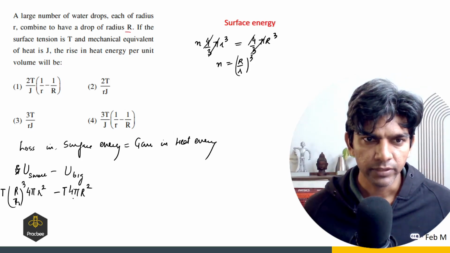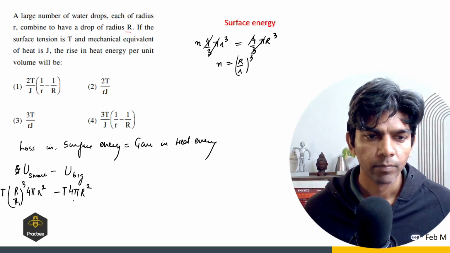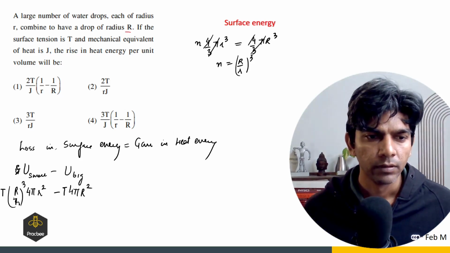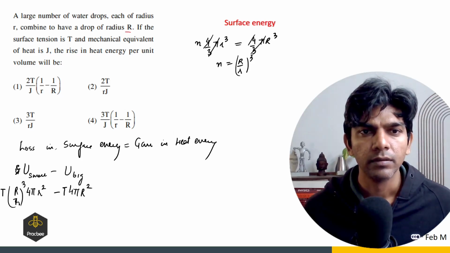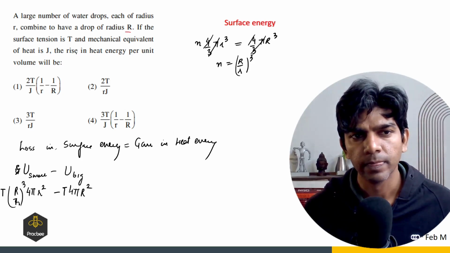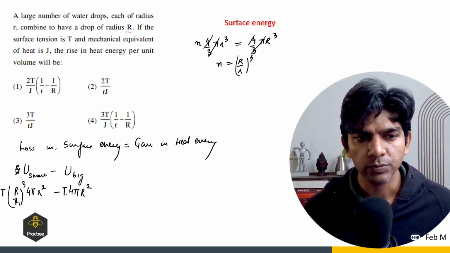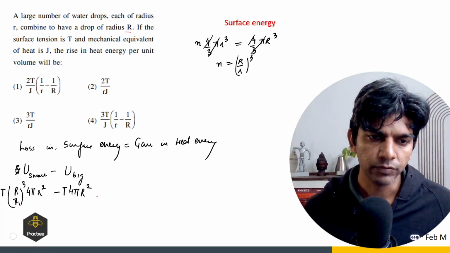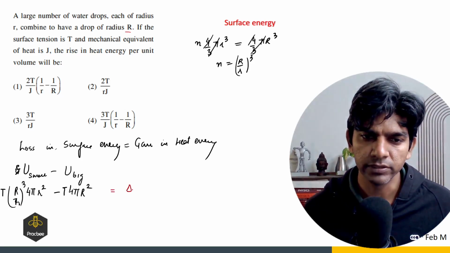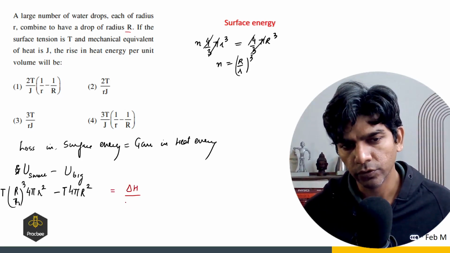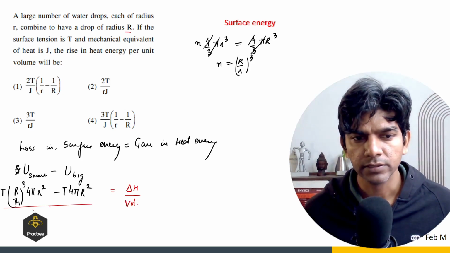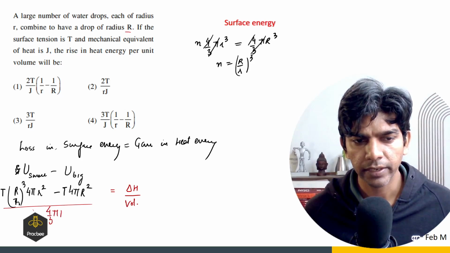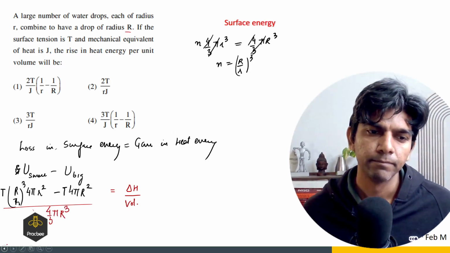Okay, and let us simplify this. So we are getting surface tension is there, 4 pi is there, and the mechanical equivalent is also given, rise in the heat energy per unit volume. So let us divide this with volume. So that is the heat energy. Let me call this delta H. Now if I divide this with volume, so volume can be written as 4 by 3 pi capital R cube, right?